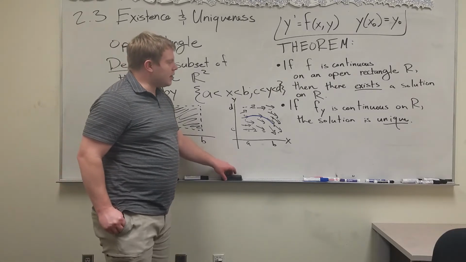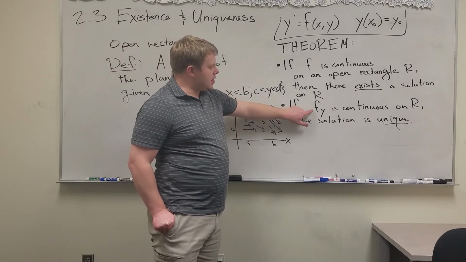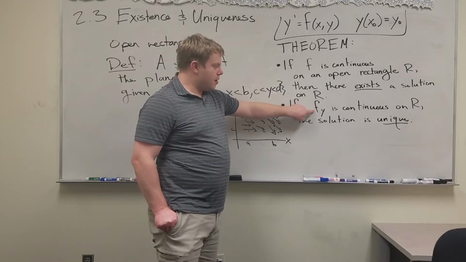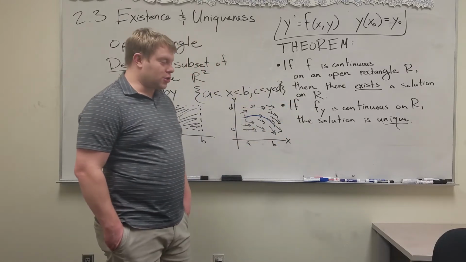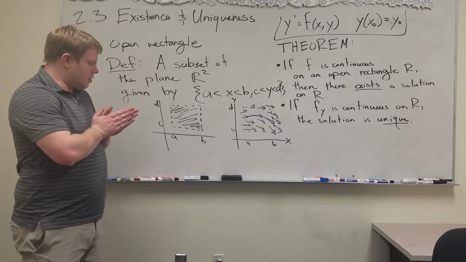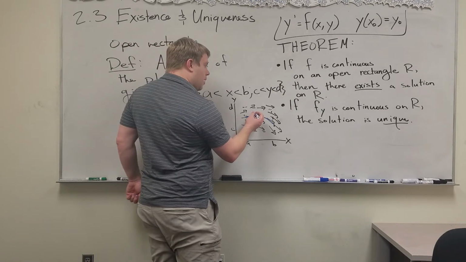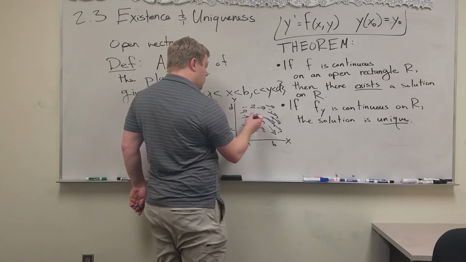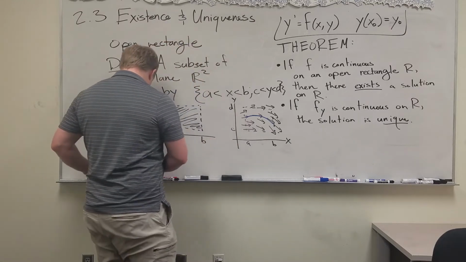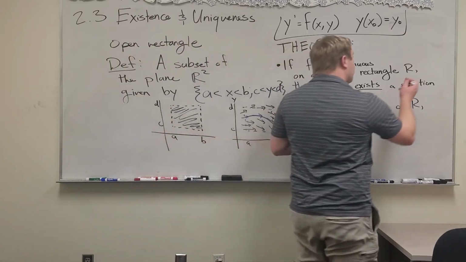Now the second part of this theorem talks about the partial derivative of f with respect to y. And if that partial derivative is continuous, then not only do we have a solution, the solution is unique. Oh, and by the way, I do need to write one more little thing right here.